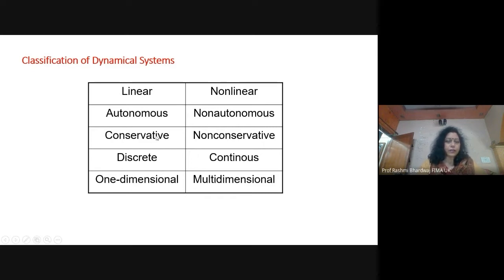Linear systems are normally conservative in nature, and nonlinear systems are non-conservative. Linear is mostly a discrete system because we are taking it at a particular point, and nonlinear is a continuous system. Linear is one-dimensional, and nonlinear is a multi-dimensional system.